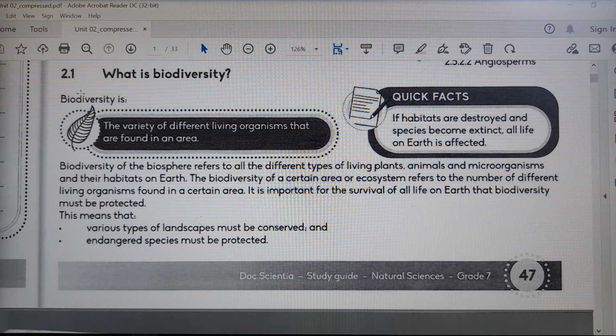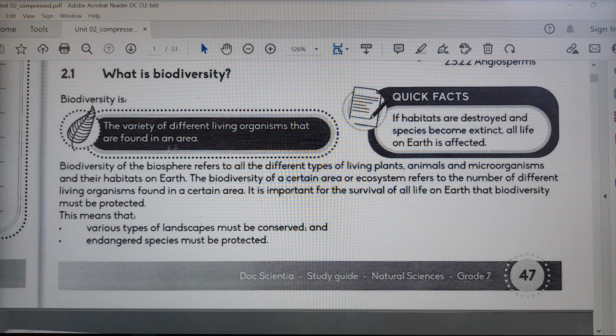And here is the definition. They say biodiversity is the variety of different living organisms that are found in an area.